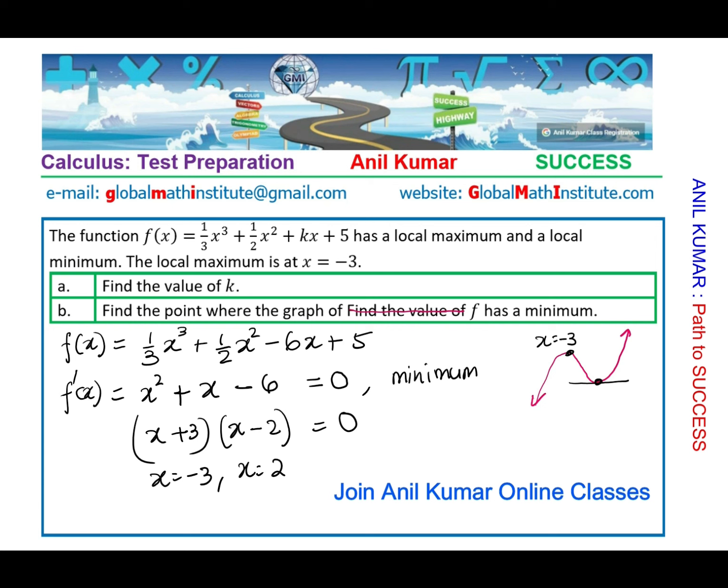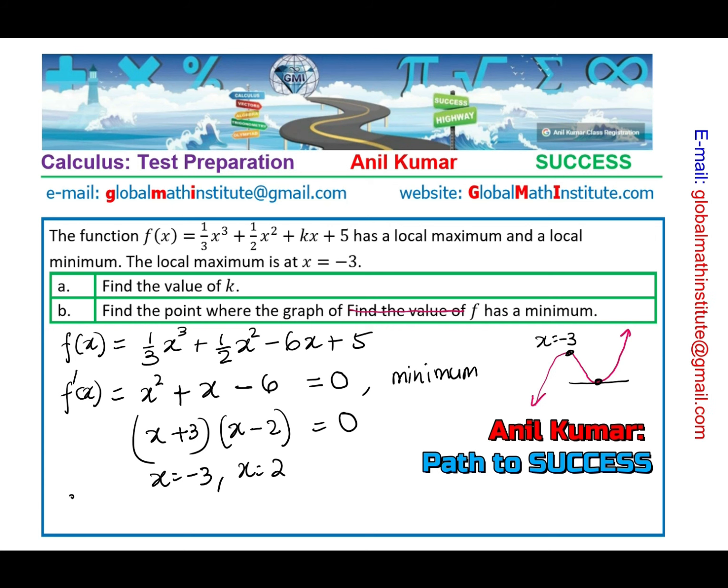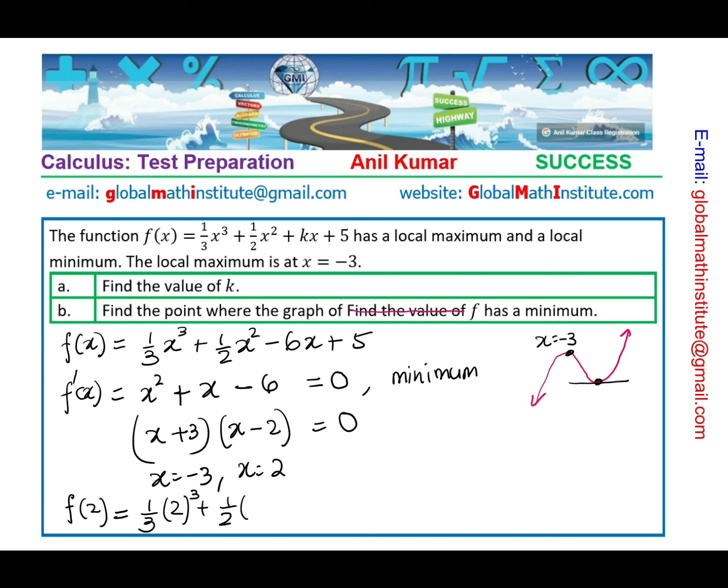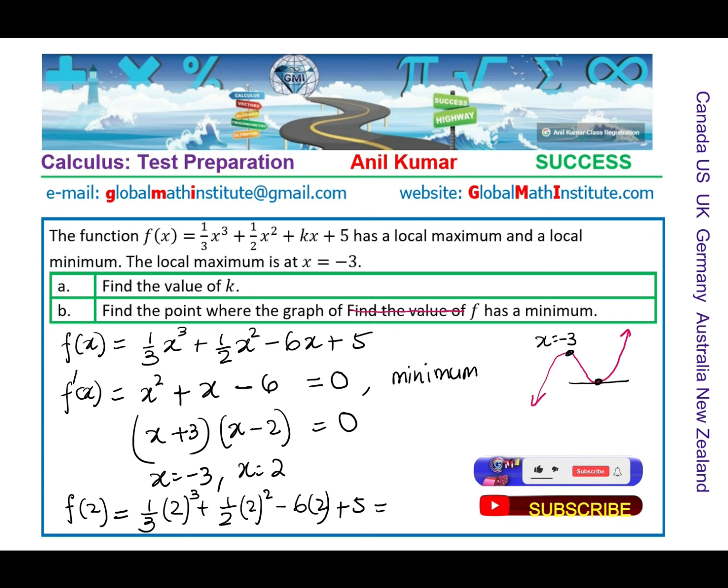So we can now plug in 2 and find the y value also, right? So if I plug in 2, we get 1 over 3 times 2 cubed plus half times 2 squared minus 6 times 2 plus 5. Okay. So that will give us the y value, right?